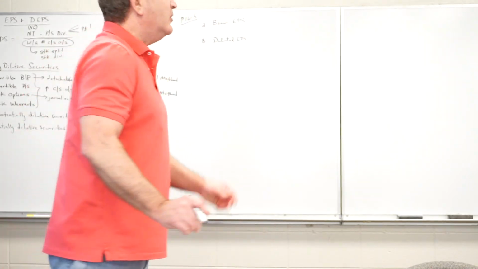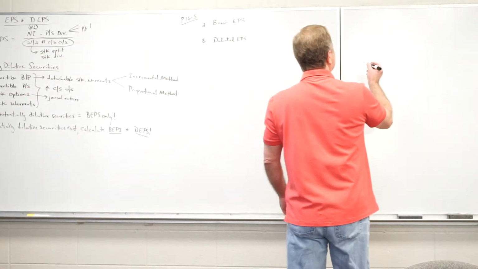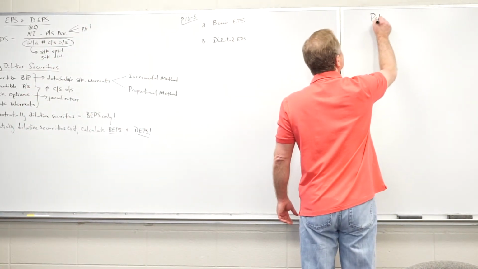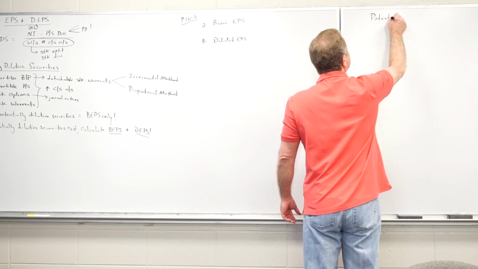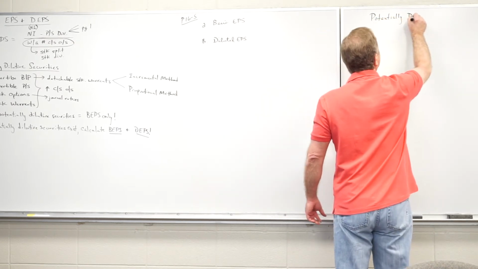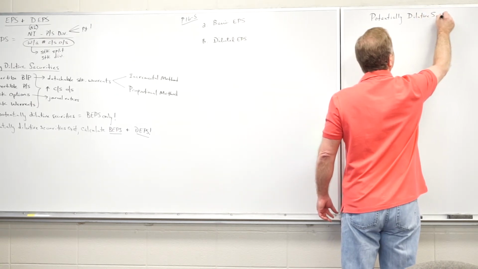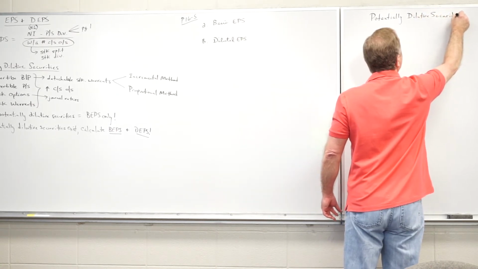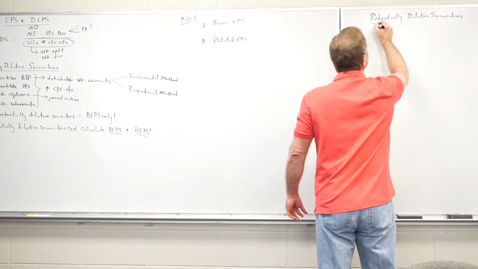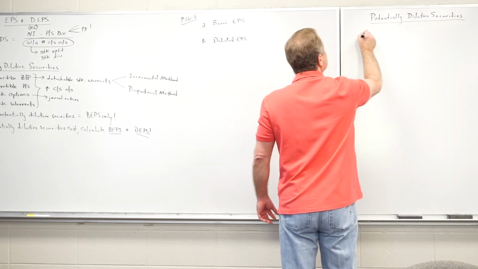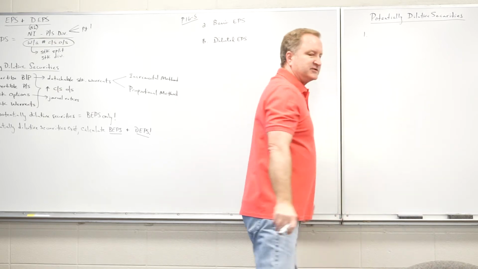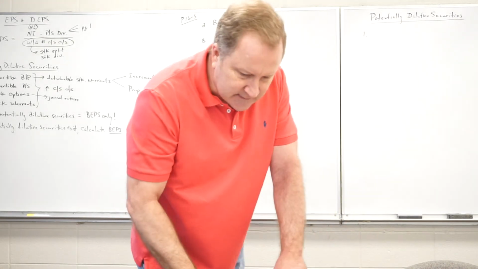Since I already know I have some potentially dilutive securities, I want to go ahead and write them down. First, I had some, was it notes or bonds?